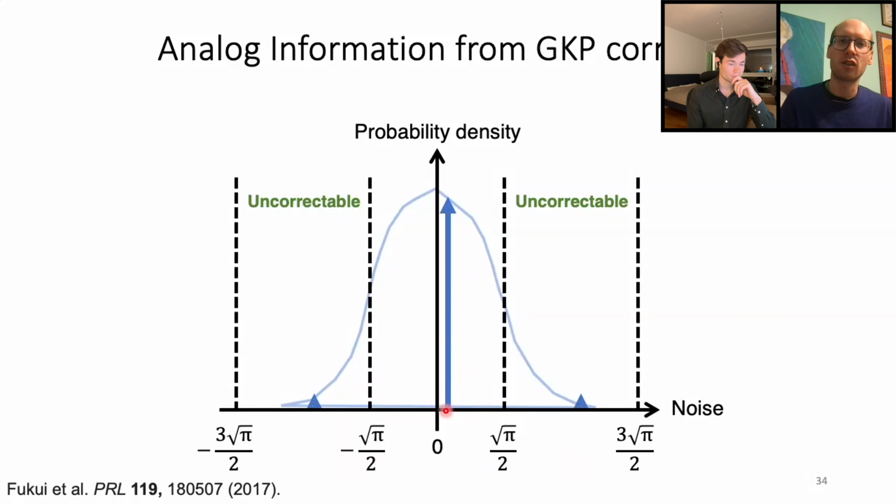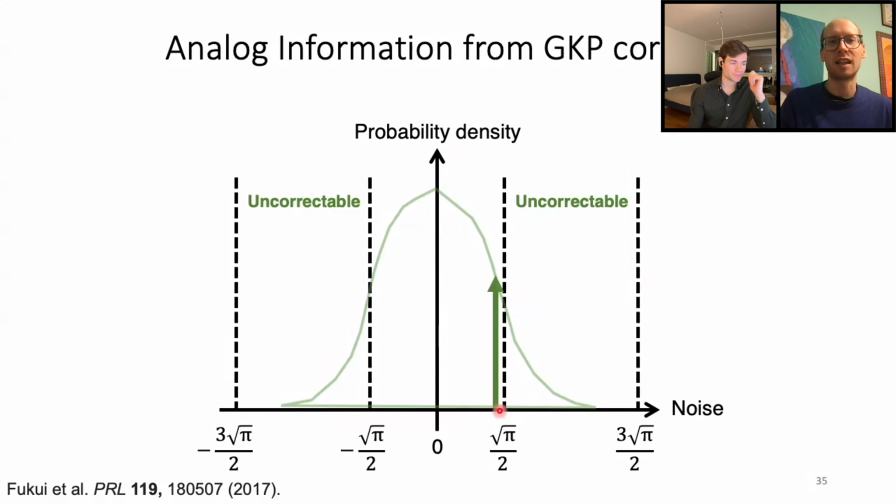If you measure your value to be very close to zero, then you know that the actual shift could have been to here, or to here. But because you know that your noise comes from the Gaussian distribution, the fact that the shift was all the way to here is much more likely. So by assuming that the shift was epsilon, you correct it with very high probability.